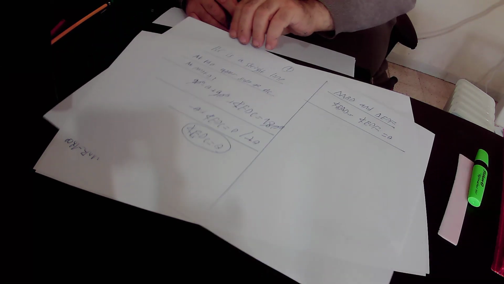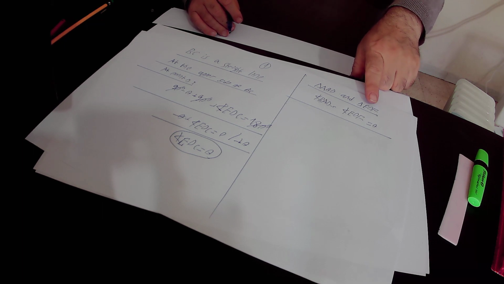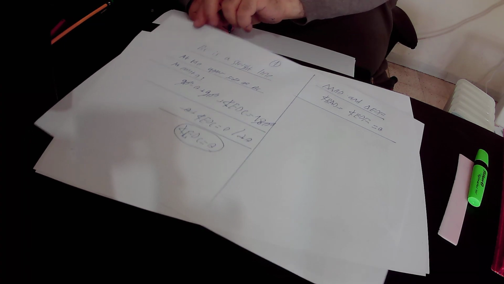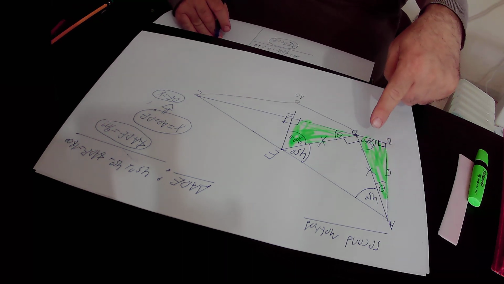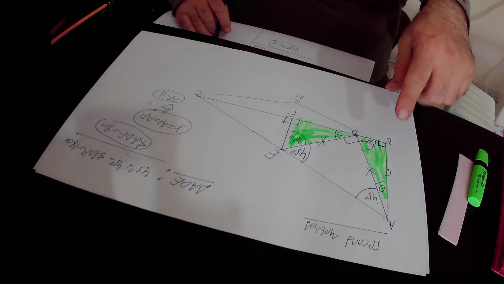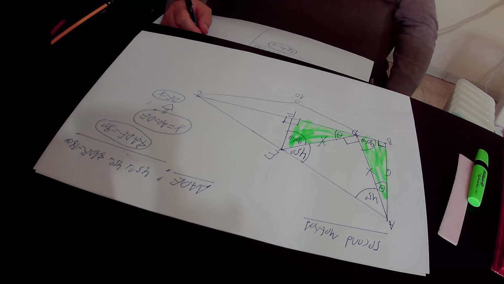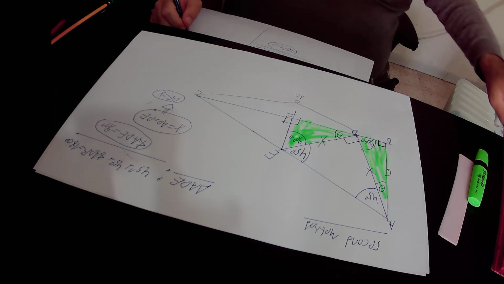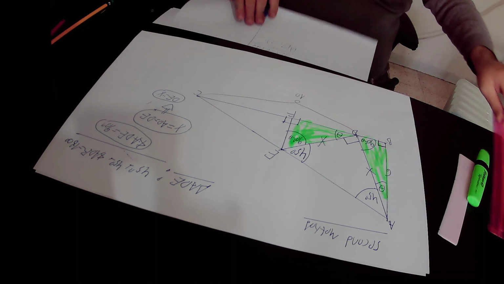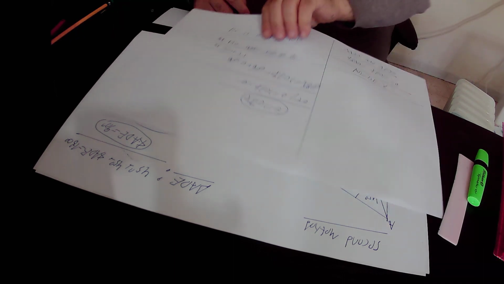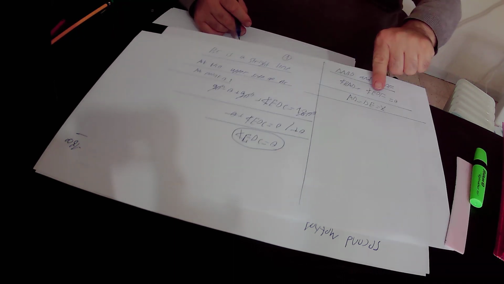Angle BAD equals angle EDF and both angles are equal to theta. We also know that side AD is equal to side DE and both sides are equal to X. Okay, AD equals DE and both sides are equal to X.